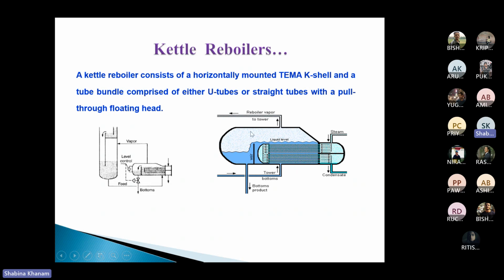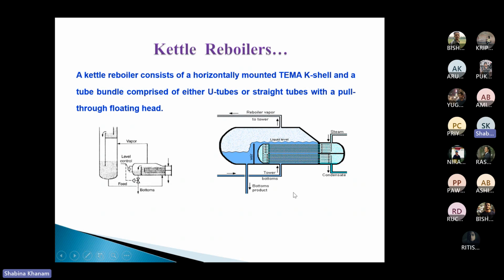In most cases it works as a vaporizer also, because it transfers only vapor to the desired place. Otherwise, we will discuss other reboilers where the mixture enters the distillation column and separation occurs there. But here separation of vapor and liquid occurs in the reboiler itself.